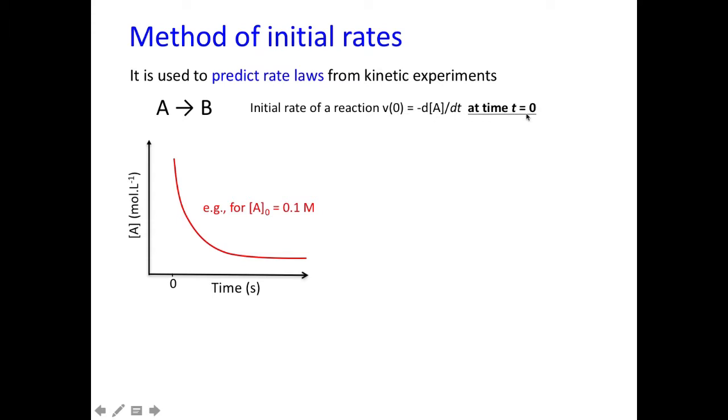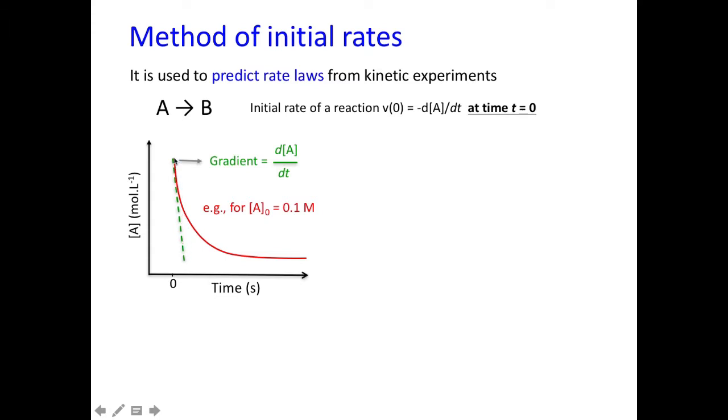In practice, it's never possible to get precisely the time t0, so we wait a little bit. In the beginning of this curve, here we see the concentration of A as a function of time, so we just wait a little bit to calculate the gradient of this line.